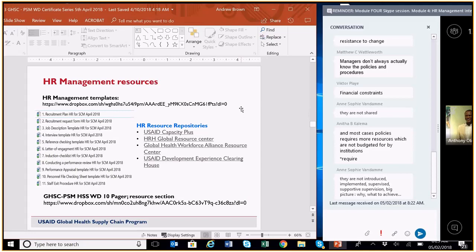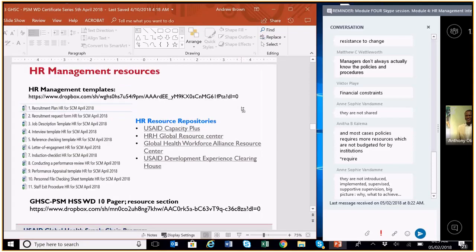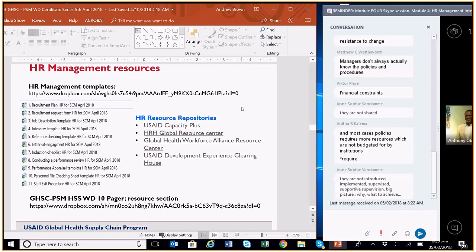Now, one of the exciting resources for this module is I've taken the time to provide you all with a full complement of templates that you could use to run a human resources system. There's a Dropbox which has been provided for you, was part of the invite, but will also be reissued.